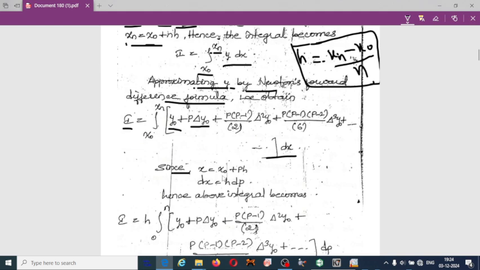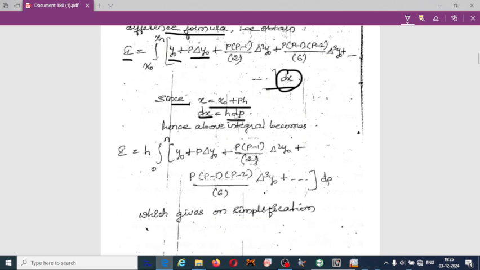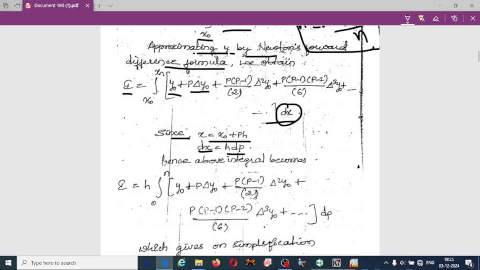Since x is equal to x naught plus ph, according to numerical differentiation if you differentiate, dx equal to h dp with respect to x and p. Then substitute this dx value in this formula, and you will get the required formula.